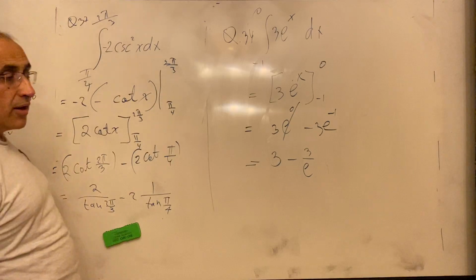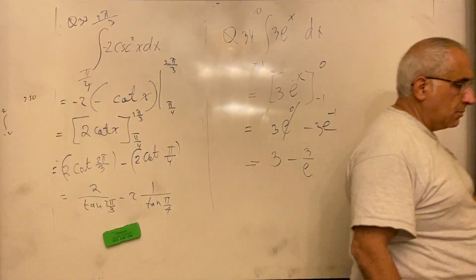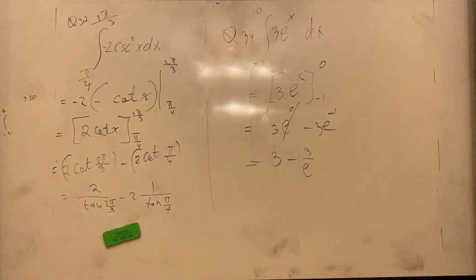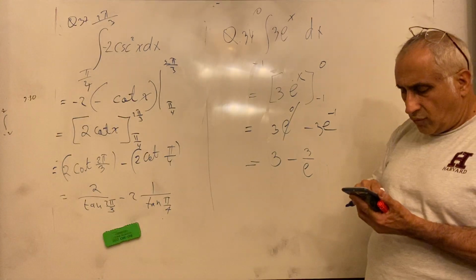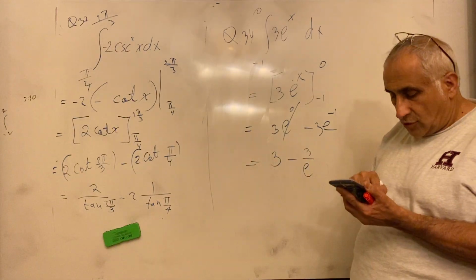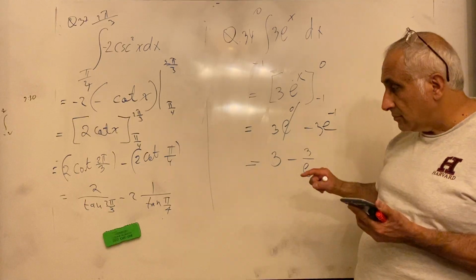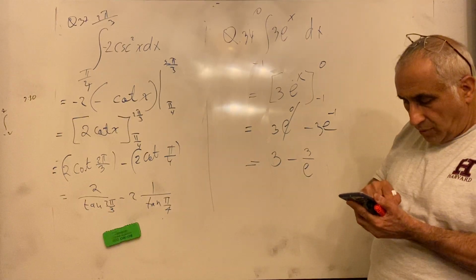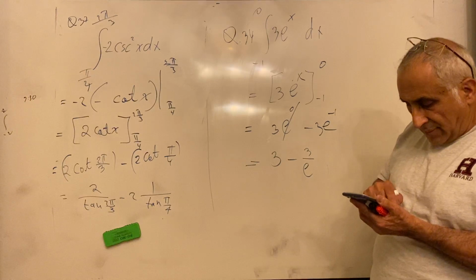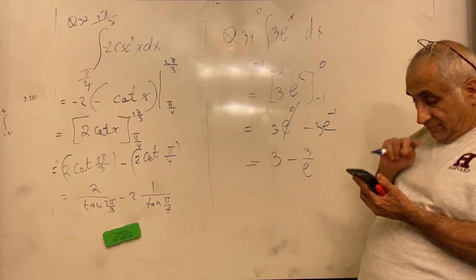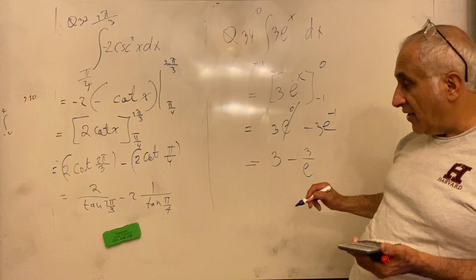I can go to the calculator and find out. No need to convert to radians, it's already there. So 2 divided by tangent, 2 pi divided by 3, close the bracket.